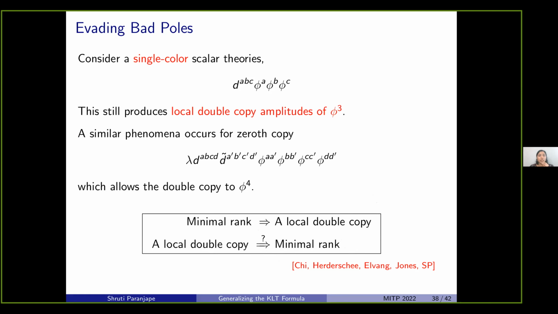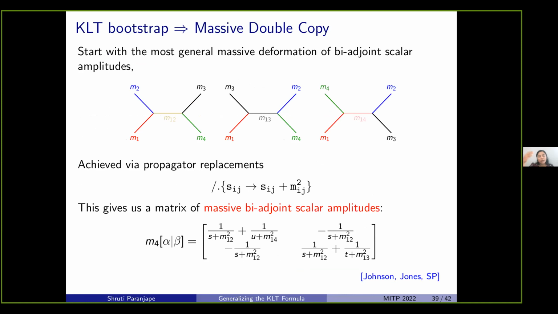Okay, good. Okay, so just to give you one last example of the scope of the KLT bootstrap, you can also use this kind of procedure of starting with the KLT algebra and demanding consistency to construct a massive double copy.